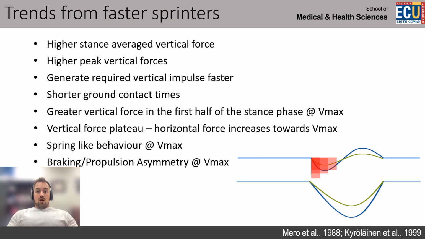And at one point, we just cannot load the spring anymore because we don't have sufficient leg extension capacities and also the skills to apply this force in such brief moments.